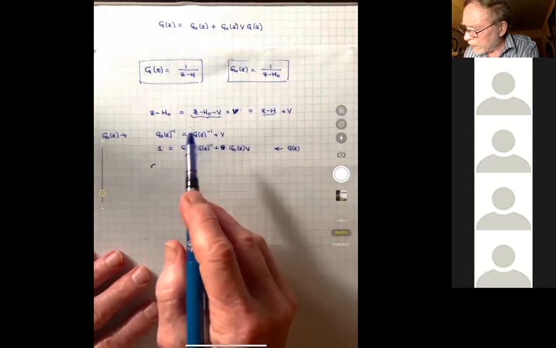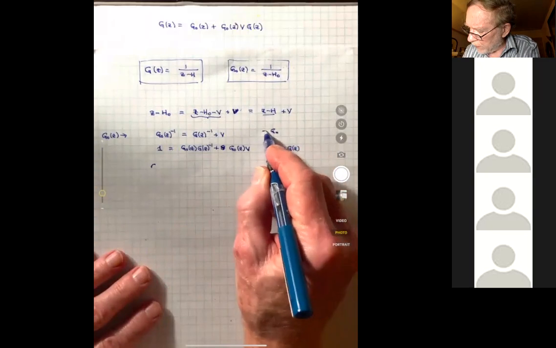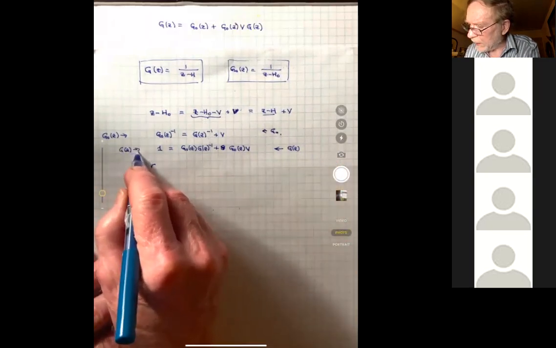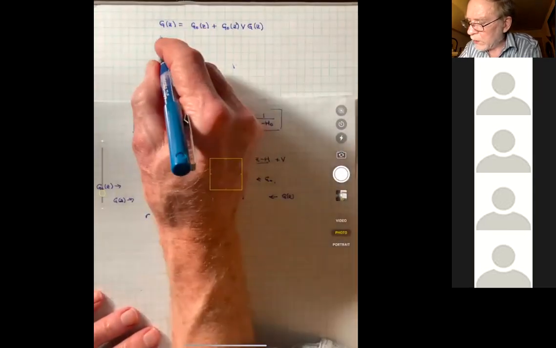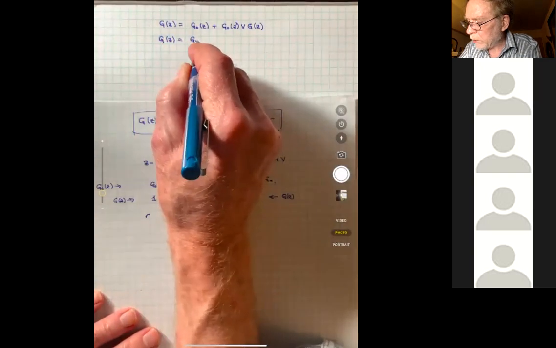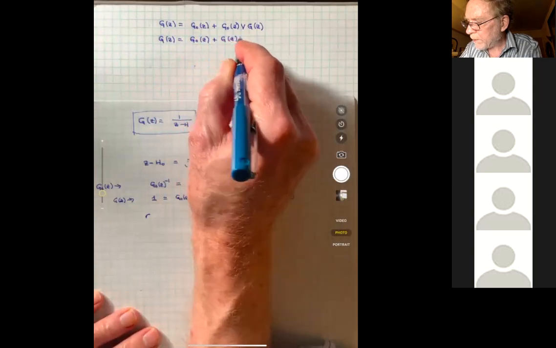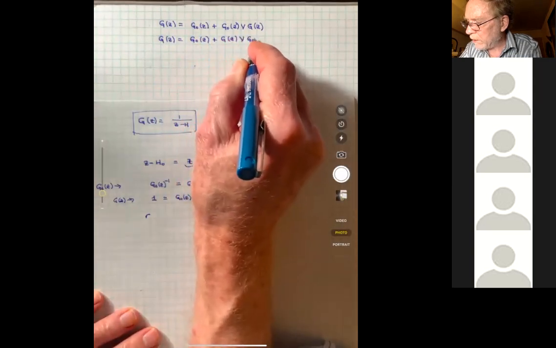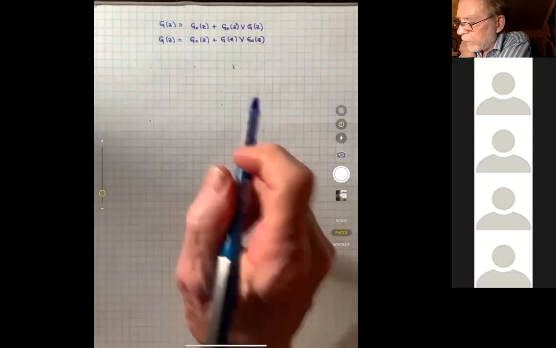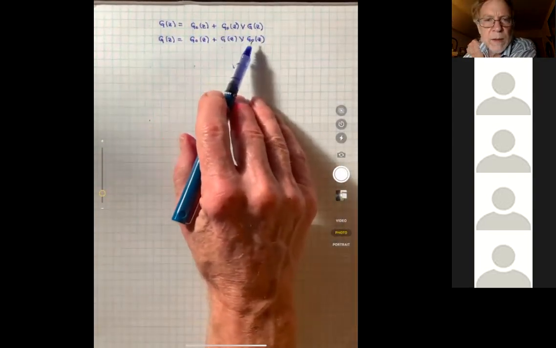Now, if we multiplied by G0 on the right-hand side first, and then G of Z on the left-hand side second, we get a slightly different identity. It says that G of Z is equal to G0 of Z plus G of Z times V times G0 of Z. Two formulas look almost exactly the same, and in fact, they only differ from one another by the ordering of the factors in the second term.